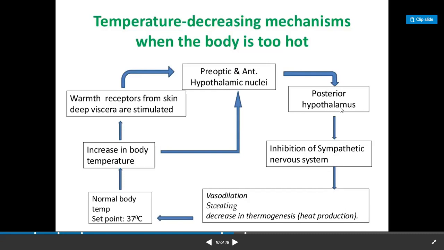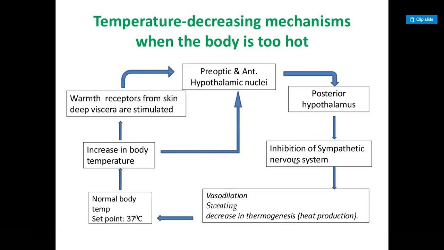And this posterior hypothalamus causes inhibition of the sympathetic nervous system. Now pay attention to this. I told you before that when you want to increase your body temperature, epinephrine and norepinephrine are released. Epinephrine and norepinephrine are sympathetic transmitters.